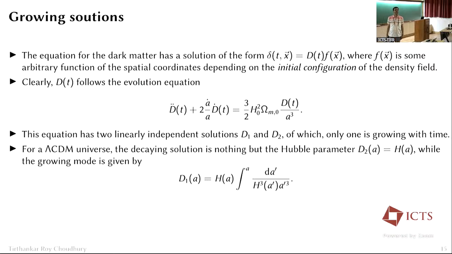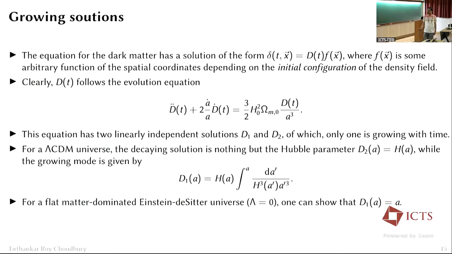We are not interested in the decaying solution because, as I just showed from the example of the static universe, the decaying solution will decay and become unimportant. The growing solution is what matters, so that will give you the structure formation, and that growing solution is given by this formula. You know for second order differential equations, if you can somehow find one solution, the other solution can always be found using the Wronskian or whatever you do.